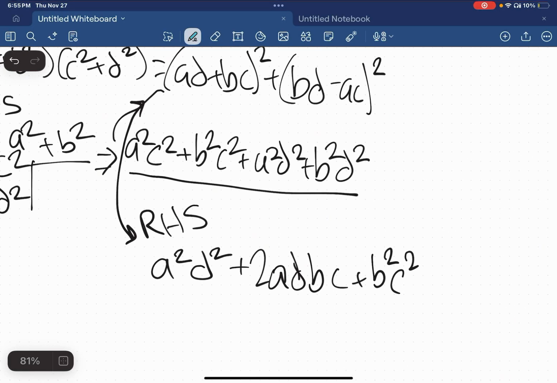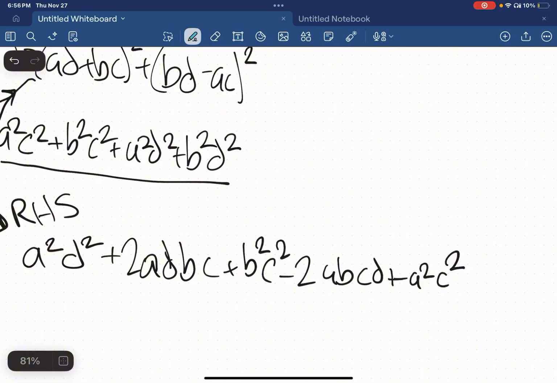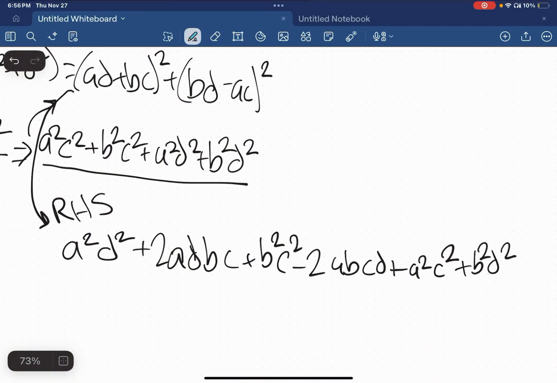Then on this side, we'll have minus 2 ABCD plus a squared c squared. And don't forget the plus b squared d squared. Okay, this is pretty long, but a bunch of that cancels out.